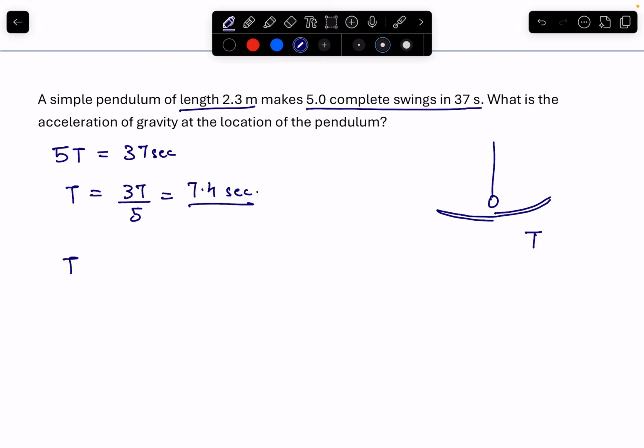Now we know that for a pendulum, the time period is equal to, let me check my equation so I don't make a mistake. Yes, it is 2 pi times the square root of L divided by g.